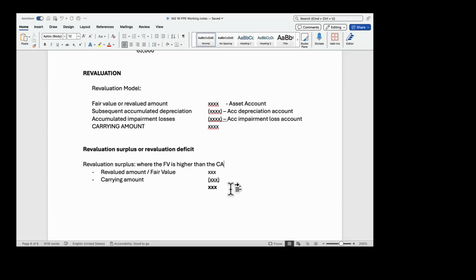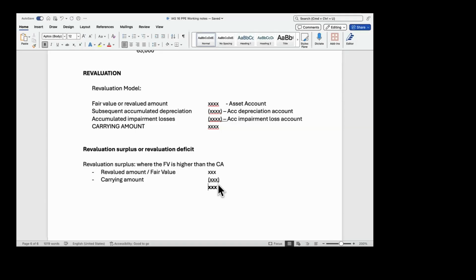Now, when you have this scenario, this is an income to the organization. But this type of income is not an income that you can recognize in profit or loss, because it's a volatile income. It's an income that can even become a loss in the near future.